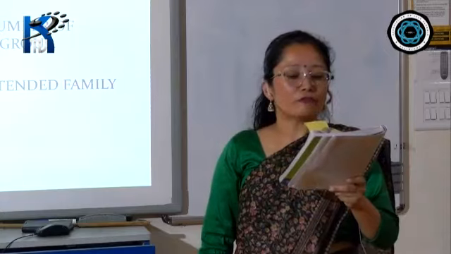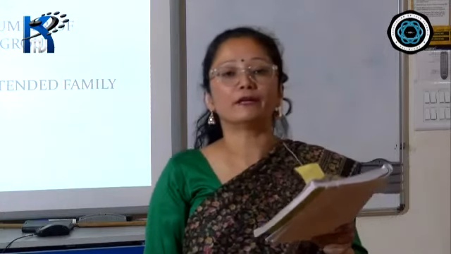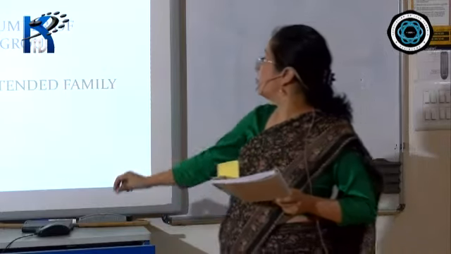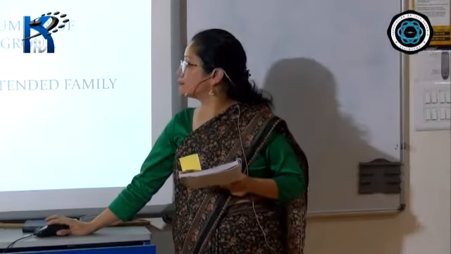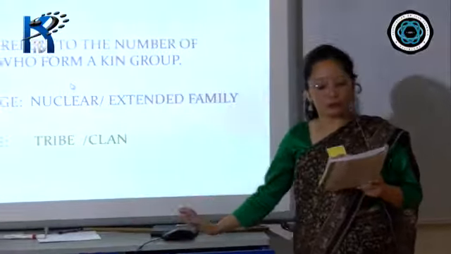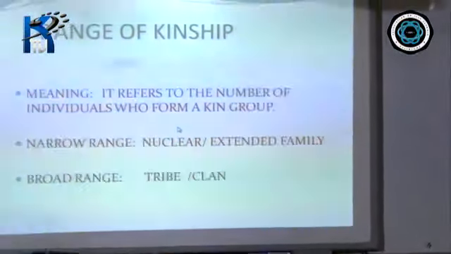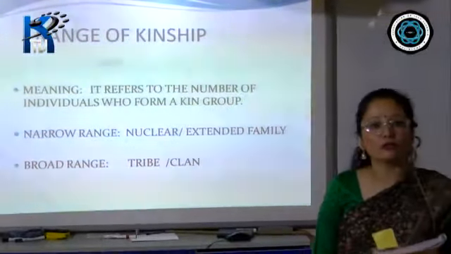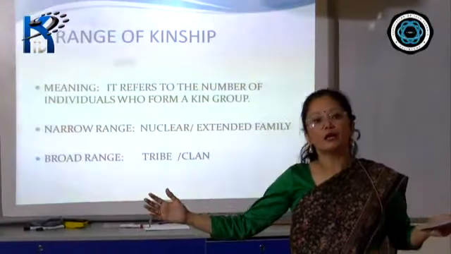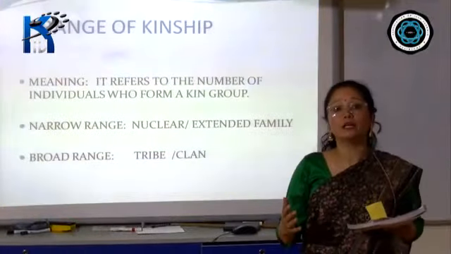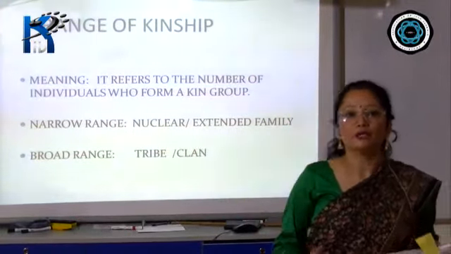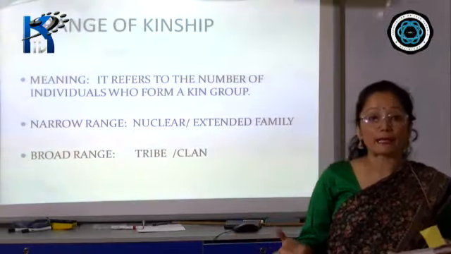So the network of kinship can be developed depending on the number of persons, meaning how many individuals are there in your kin group. And depending on the number of individuals, like I was explaining before, you could have a very big family, you could have a very small family, you could be a member of a very, very big tribe, you could be a member of a very small clan.